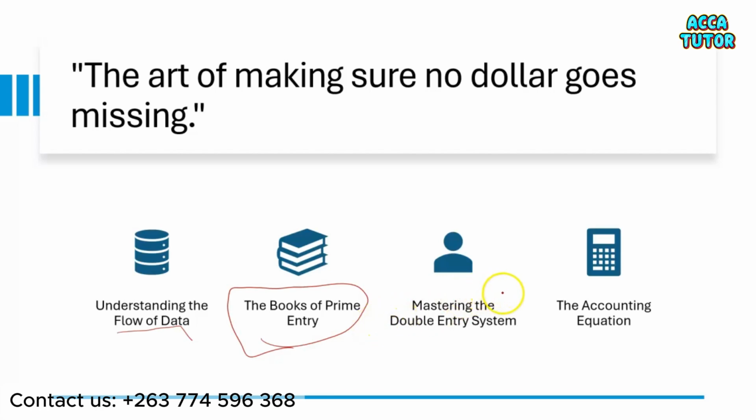Then we will master the double entry bookkeeping system. And lastly, we'll have a recap of the accounting equation. Like I said, in the week 1 lecture, we talked about the accounting equation. So if you want full detail on that aspect, please revisit the week 1 video.